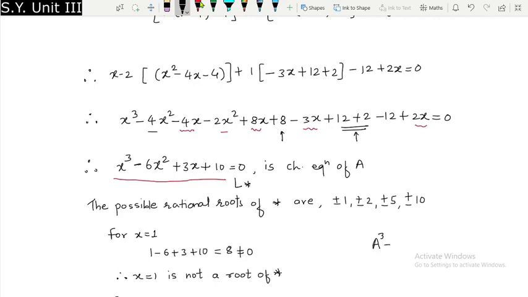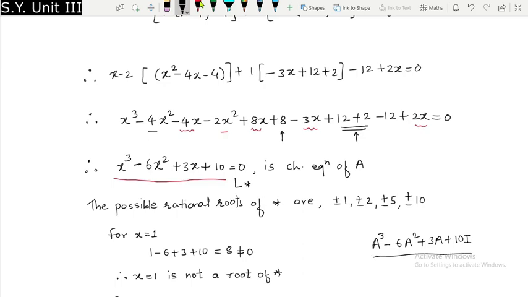So A cube minus 6A square plus 3A plus, now what about this? It is 10I. Note, you attach I to the constant term. A lot of students make mistakes over here.